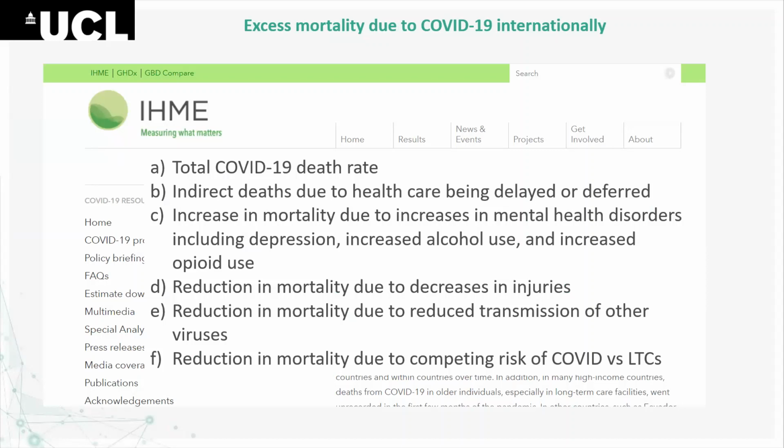So the Global Burden of Disease has updated its methodology in the last month. And if you go to their website, you'll see they're now thinking about excess mortality under a framework of 6 headings.